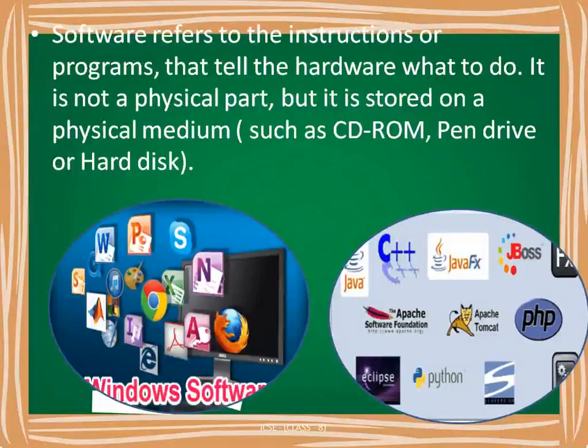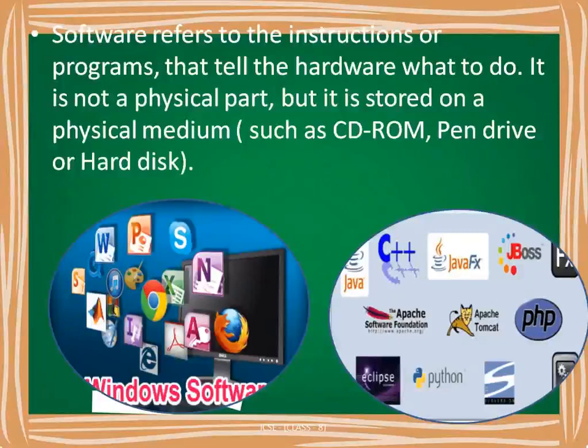It is not a physical part, in the sense we cannot touch the software, but it is stored on a physical medium, like we can store the software in CDs, pen drives, DVDs, hard disks. Those are all physical mediums in which the software is stored or saved.